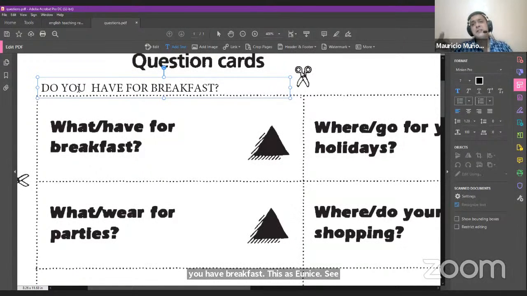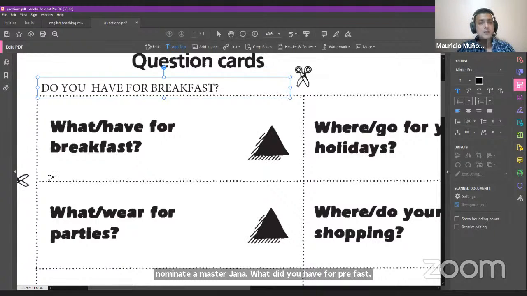Sí. ¿Desayunas? No. Pregunta cerrada. Pero aquí tenemos al inicio la palabra what. ¿Qué significa qué? Automáticamente, esta es una pregunta abierta porque te da opción a responder de una manera más detallada. What do you have for breakfast? ¿Qué desayunas?